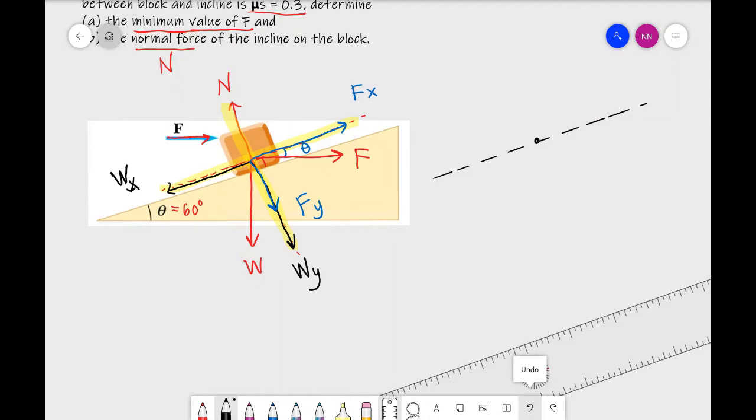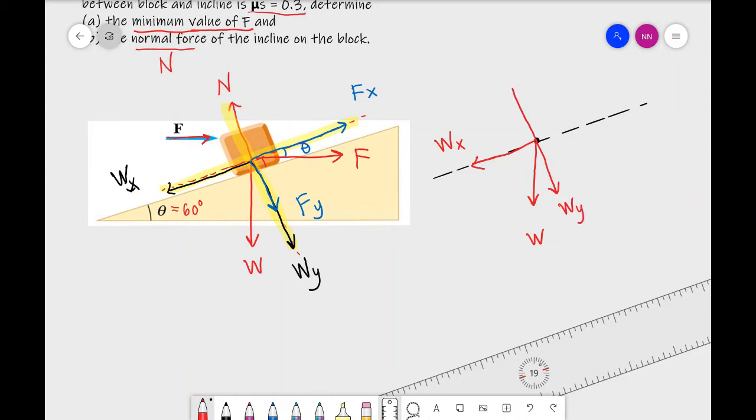So this is the weight, vertically downward, and then we have to resolve weight into X component and Y component.